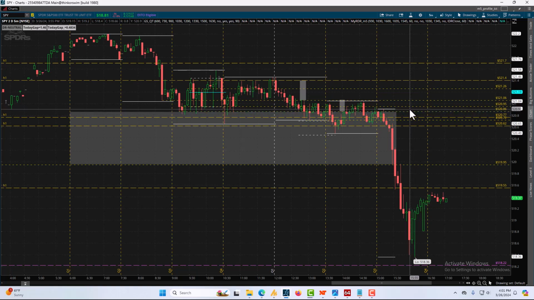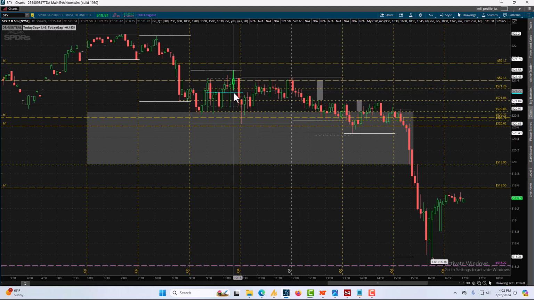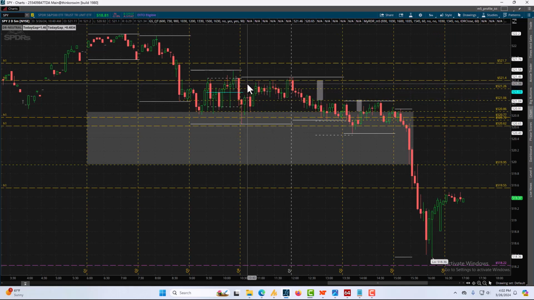Let's remove some of these lines here. Yeah, we see the huge gap right here, and remember, this is the order block.